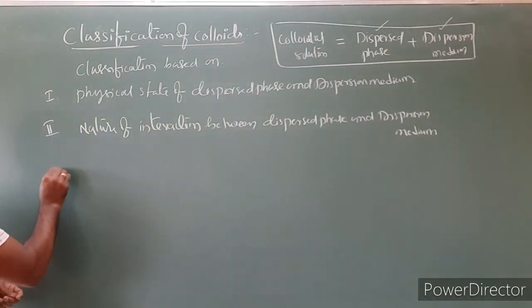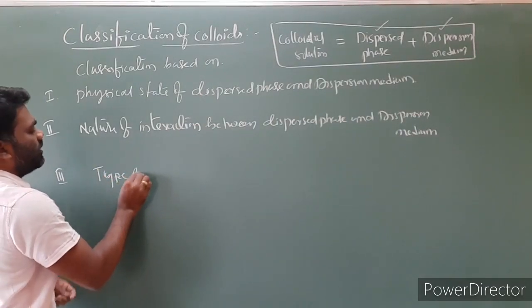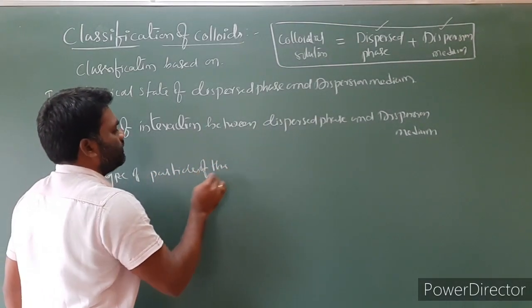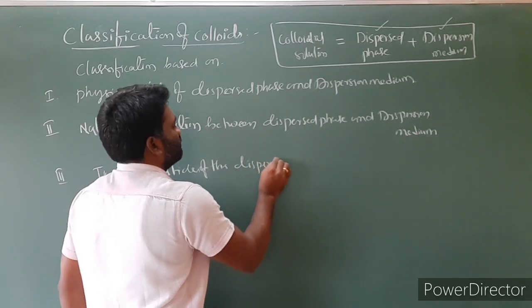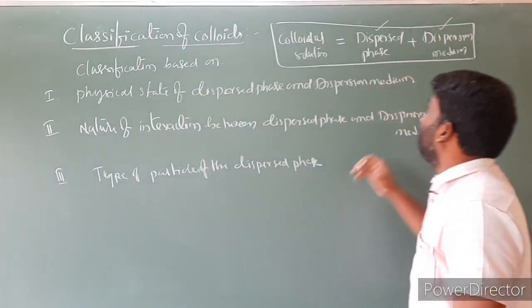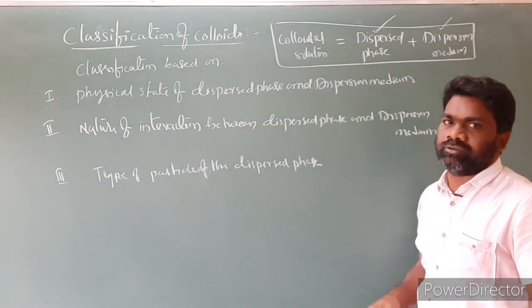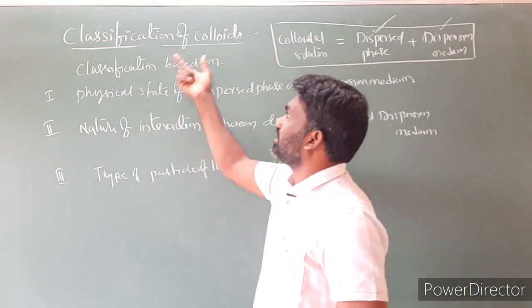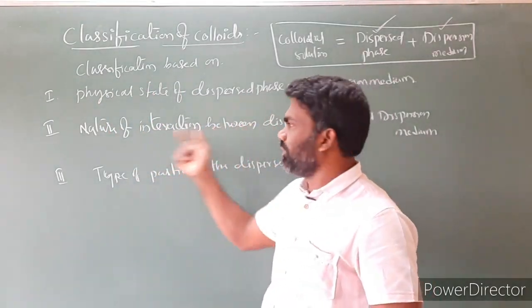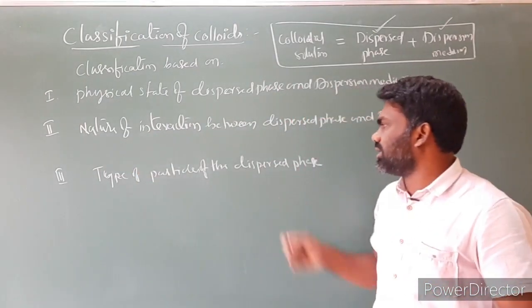The third category is type of particles of the dispersed phase. This is the classification based on what the type of particles of the dispersed phase are. So colloid classification is based on physical state of dispersed phase and dispersion medium, nature of interaction between the dispersed phase and dispersion medium, and the third one is types of particles of dispersed phase.